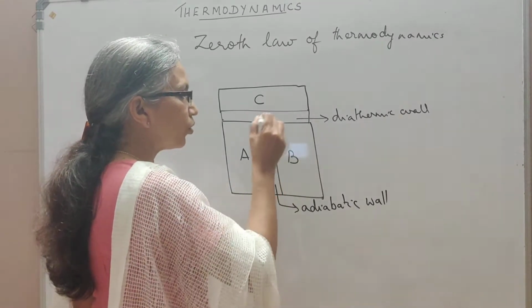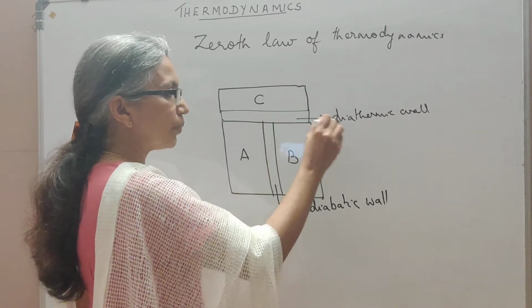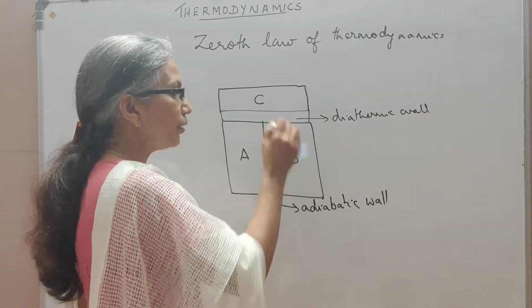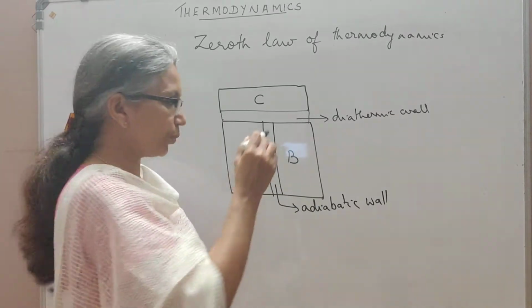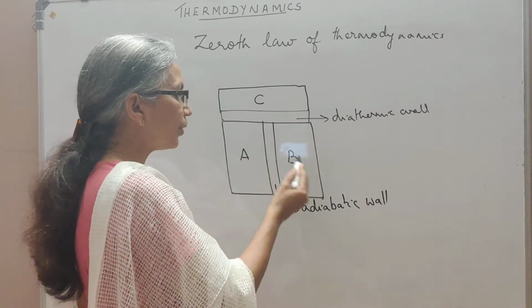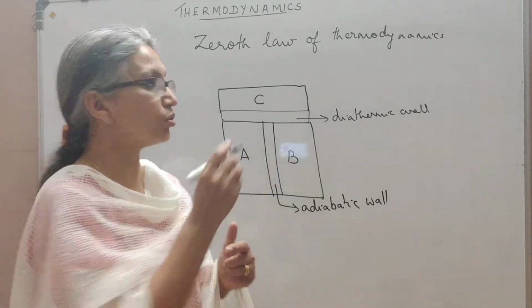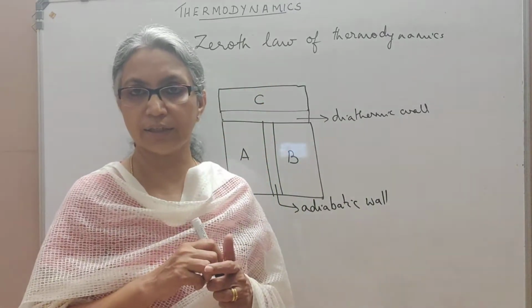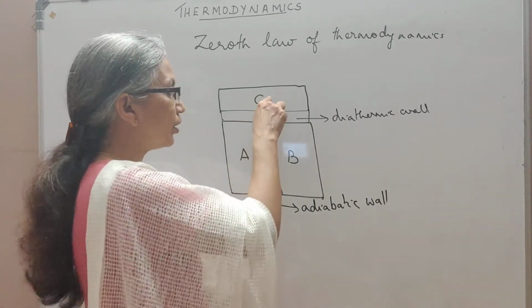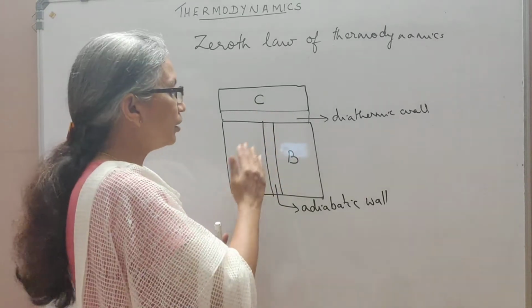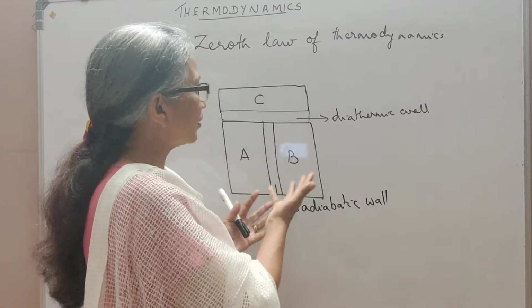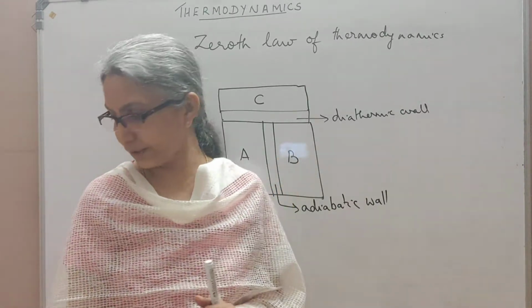Similarly, there will be heat transfer between B and C till B and C are in thermal equilibrium. That means A and B must be in thermal equilibrium. So the Zeroth Law of Thermodynamics states that if two systems are each in thermal equilibrium with a third system separately, then these two systems are in thermal equilibrium with each other. That is very simple, the Zeroth Law of Thermodynamics.